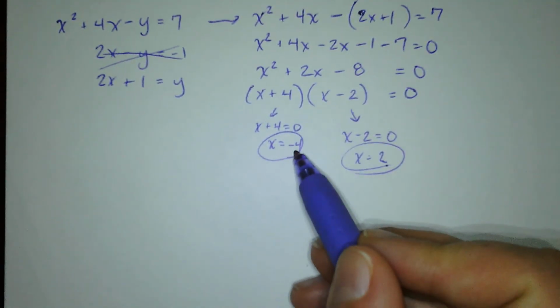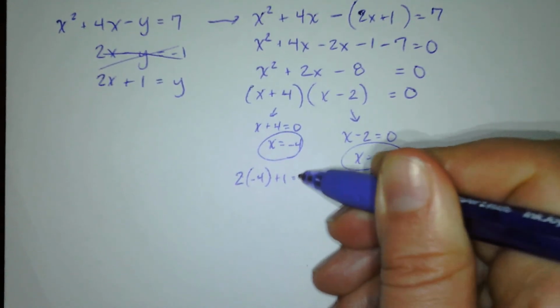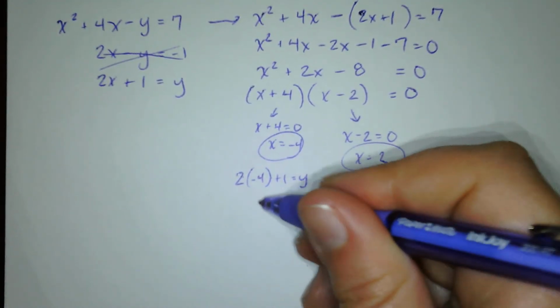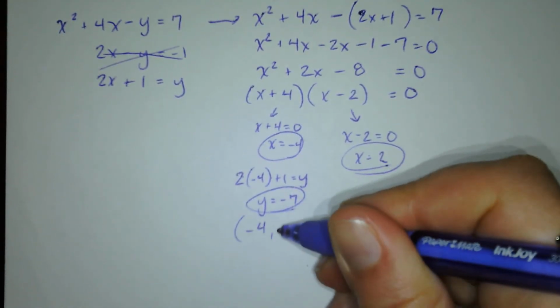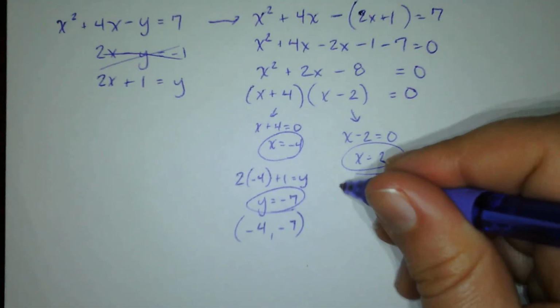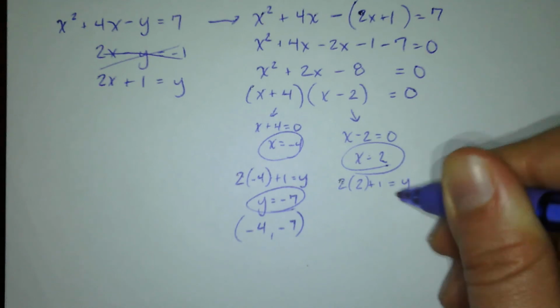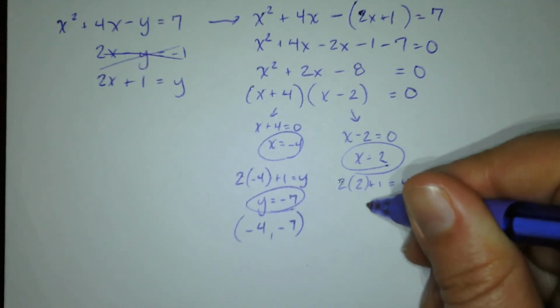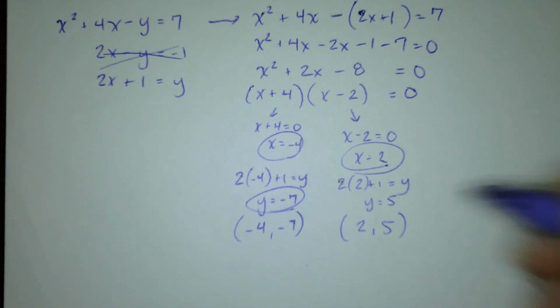Anyhow, let's plug in negative 4. So 2 times negative 4 plus 1 equals y. That's negative 8 plus 1, y equals negative 7. So negative 4, negative 7 is one ordered pair. This one would be 2 times 2 plus 1 equals y. That's 4 plus 1 is 5. So this ordered pair is 2, 5.